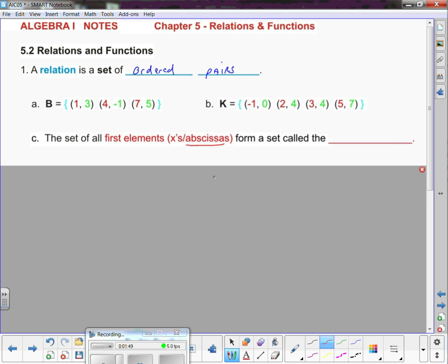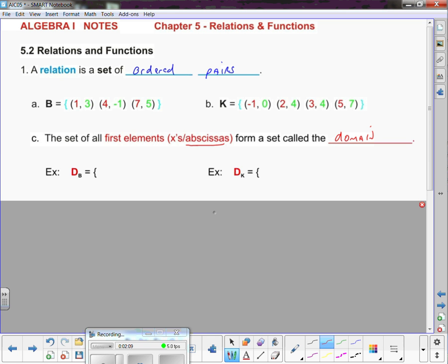A set called the domain. So we've got to reconnect to last year. All the first elements, all the x's, all the abscissas, put them together, we call it the domain. So all the x's together are the domain.